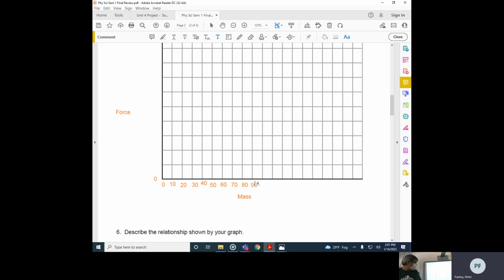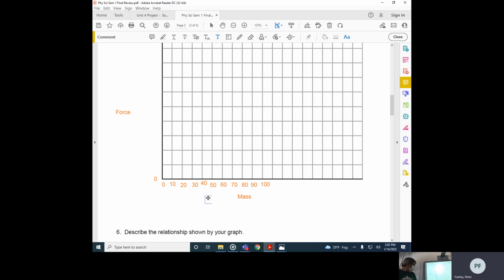You don't necessarily have to use all of the graph. The more of it you use, the easier it is to see patterns and trends. So maybe I would have been better off by counting by fives, huh? And really filled up this graph. That might have been even better. Let's see. 10, 20, 30, 40, 50, 60, 70, 80. Yeah, it'll fit, huh?